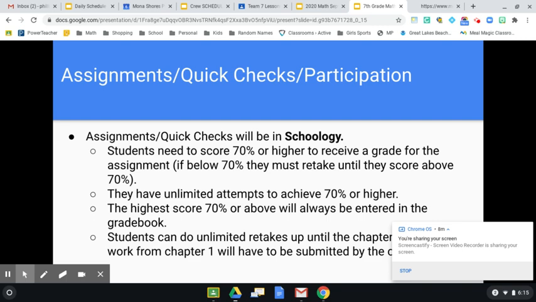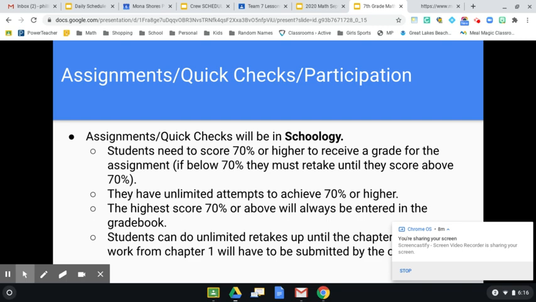I just mentioned that. And so when you're doing your assignment or your quick check, if you've used Schoology before, you can typically go through and try something over and over again. You can have multiple attempts at it to reach a certain score. And so you'll see students need to score 70% or higher to receive a grade for the assignment.